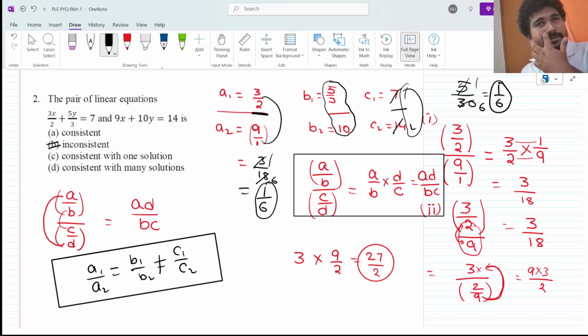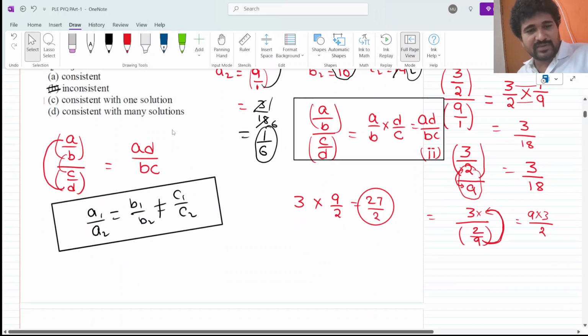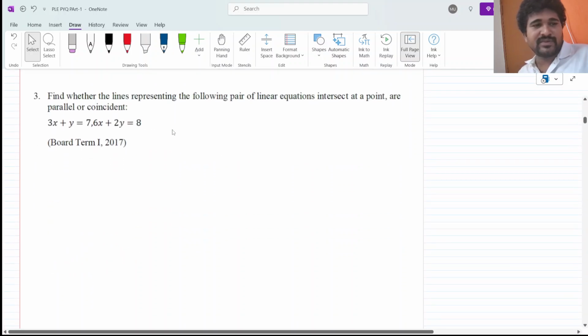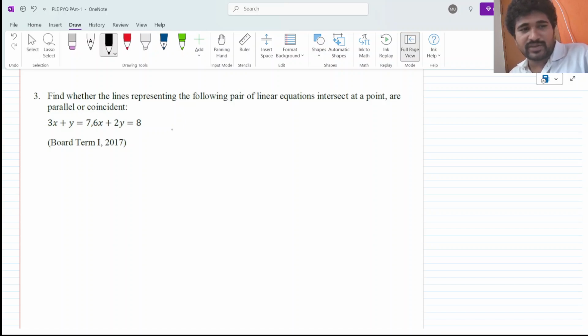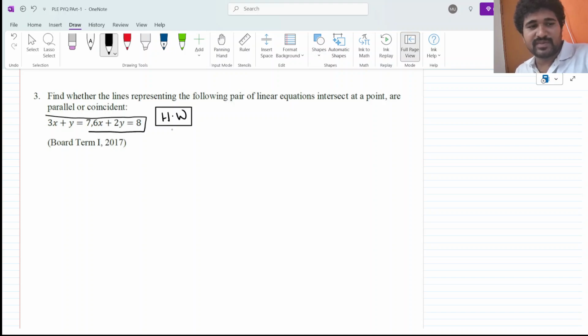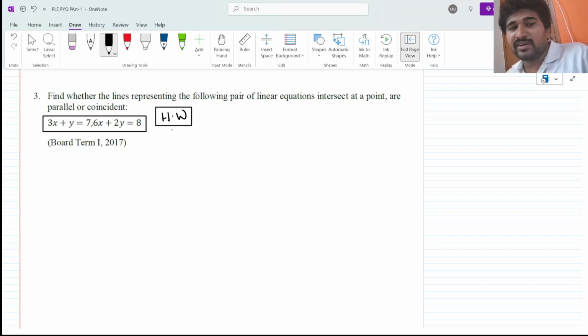Any confusion? No confusion. Let's see the next question. We do it as homework. Write down the question. No need to write fully. Just write the equation. After that you have to write whether it intersects at a point, or is parallel, or coincident.